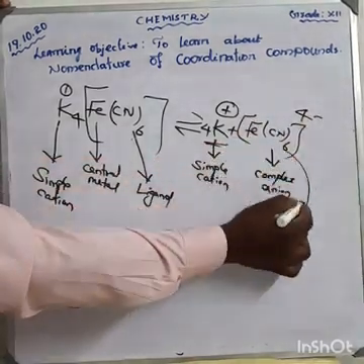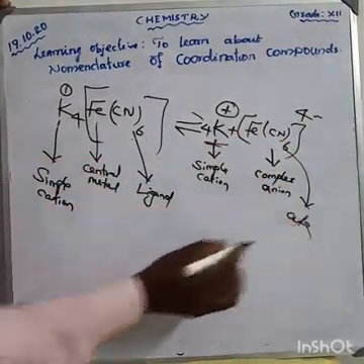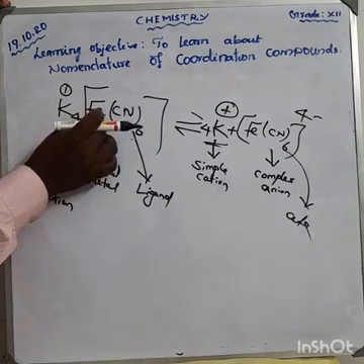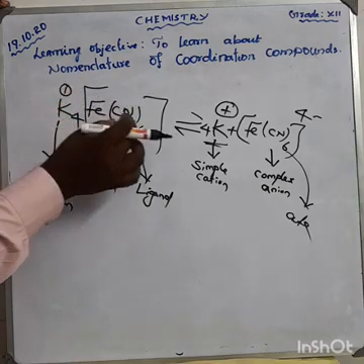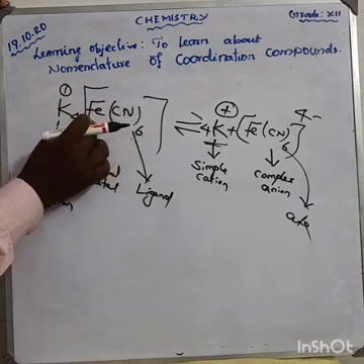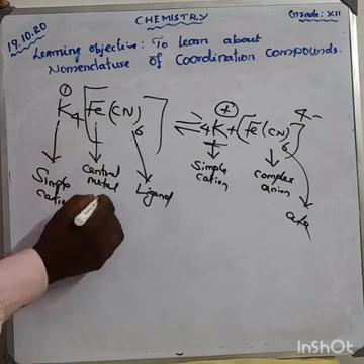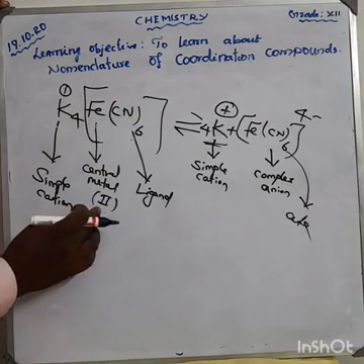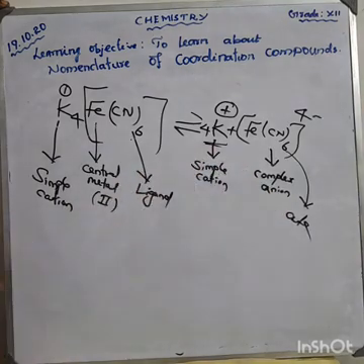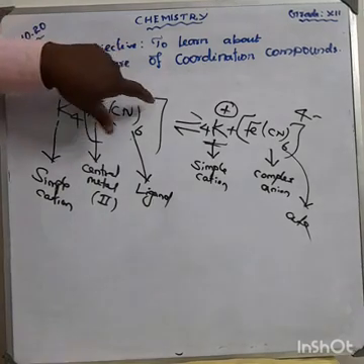So a minus charge ends with -ate. Fe means iron, ferrous or ferric. So potassium hexacyanoferrate. The oxidation state is 2. In the previous video I told you how to find the oxidation state. So hexacyanoferrate(II). That is the name. Anyhow, this is one of the complexes.